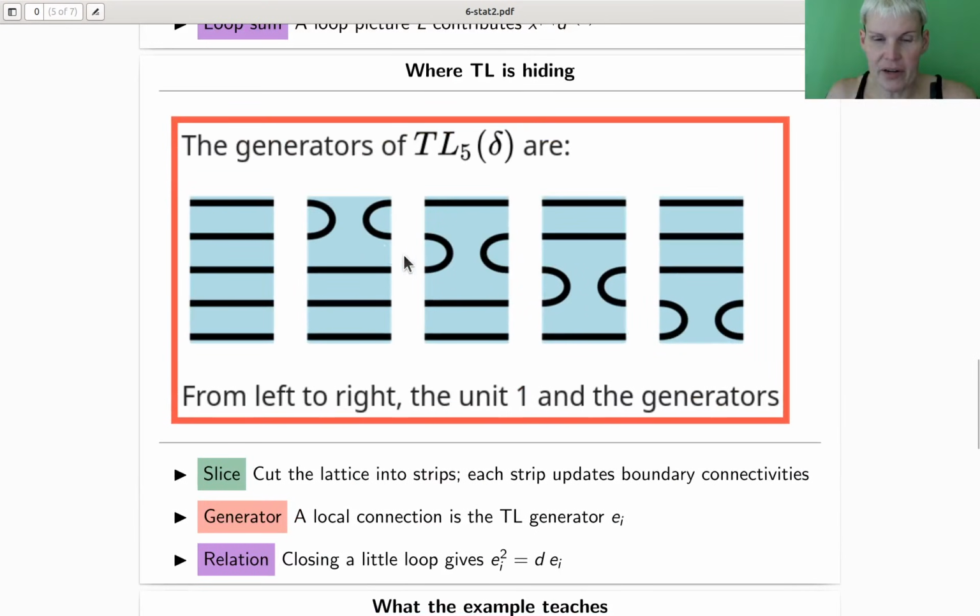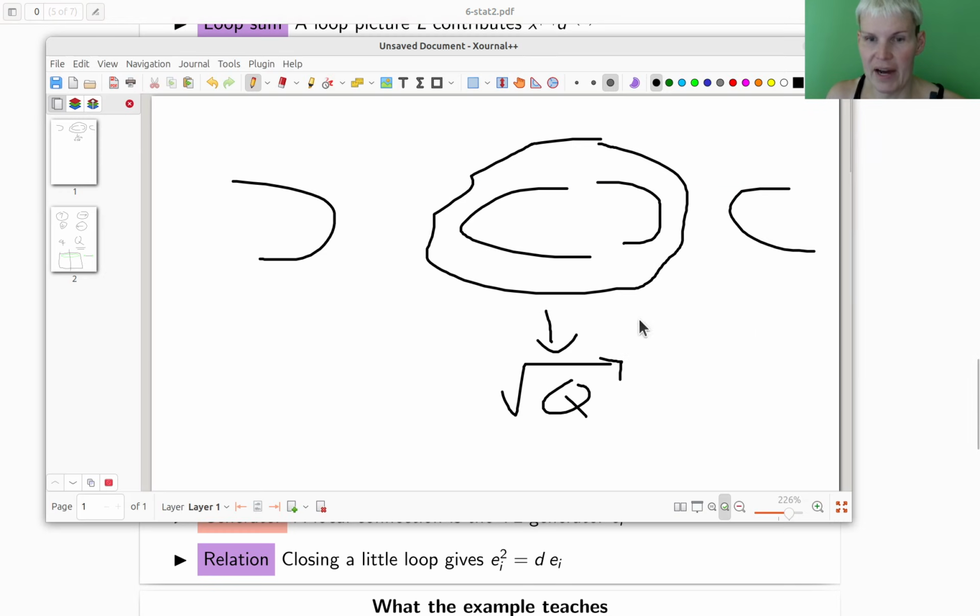And they came up with, okay, they have this diagrammatic description. They're generated by these generators, and they satisfy certain relations, like E_i squared. So this is E1, E2, E3, E4. Yeah, so everything is generated by, oh, this could happen, or that could happen. Yeah, so that's literally what it is. And the local configuration corresponds to this type of picture, and the E_i squared is literally that picture. So E_i squared is our little d, which is square root of q, and it's literally solved that.